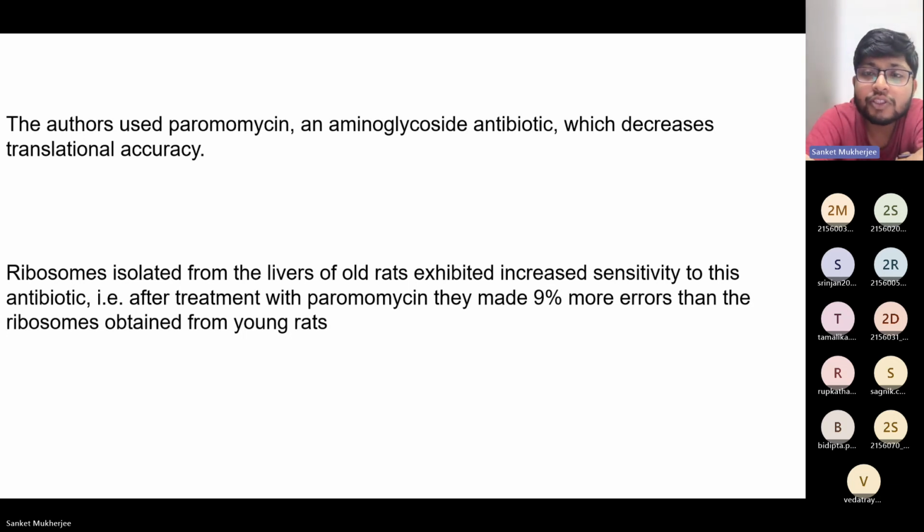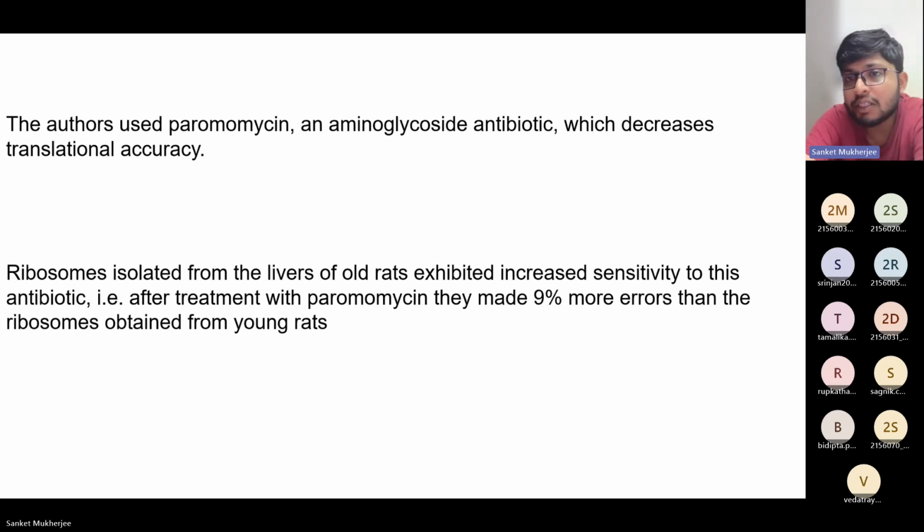The ribosomes isolated from the livers of old rats had increased sensitivity to this antibiotic. When they were treated with this antibiotic, they made 9% more errors than the ribosomes obtained from the young rats. So clearly, in the aged cell, the ribosome machinery also gets aged and is more sensitive to making errors.